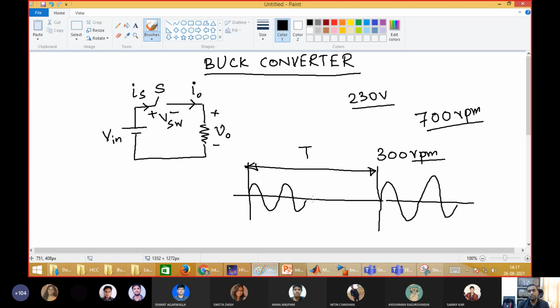If you calculate the RMS value of this waveform, definitely its RMS value will reduce. So this 230 volt will become, just for example, 110 volt, and the fan will start running at the speed corresponding to this 110 volt. This is the buck operation. This is how we can reduce the output voltage and the fan speed. This is one example.